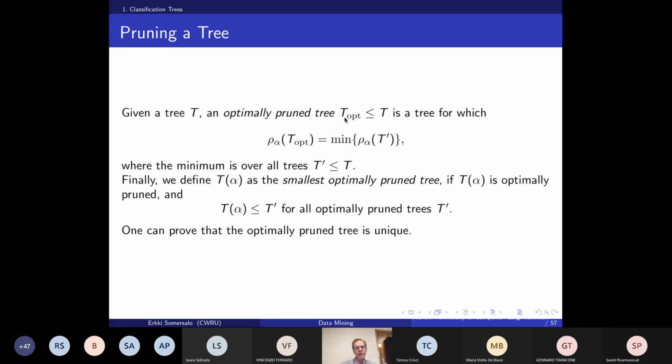So the optimal tree is a subtree of the original tree. That's the first thing, and it is the subtree which is minimizing the cost complexity function.